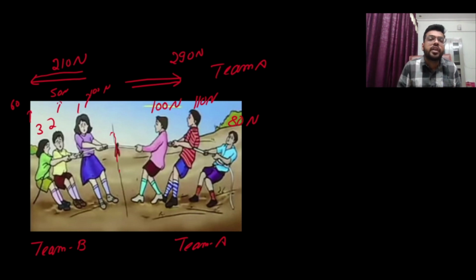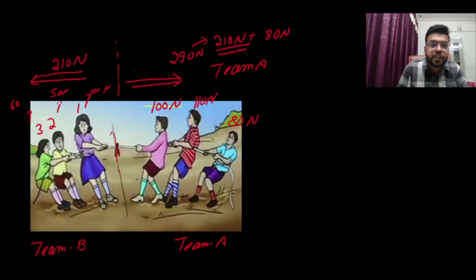The 210 Newton force will be cancelled by 210 Newton force. If you split 290 Newton into 210 Newton plus 80 Newton, this 210 Newton and that 210 Newton counteract each other. Plus, this team has an advantage of 80 Newton extra force. Because of this, they can win the game.